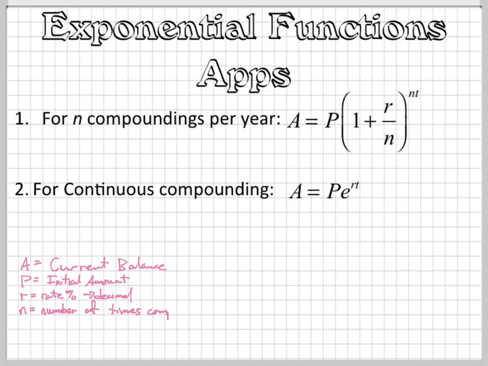Now, when an amount is compounded, that means the interest is added to it. And so N is the number of times it's compounded per year. There's one more I'm forgetting, and that's the T. T is time, and it's always in years. All the problems that we'll be working on are always in years.